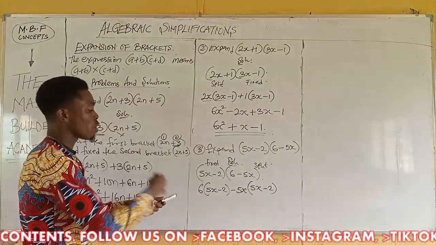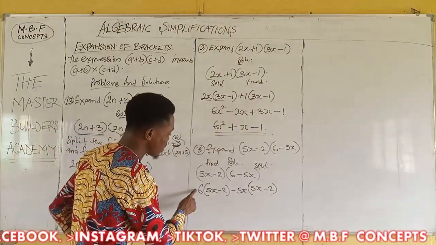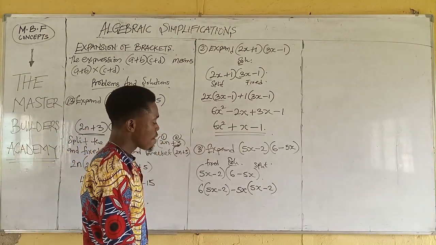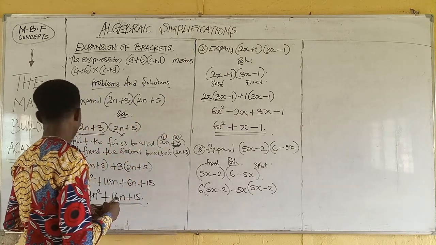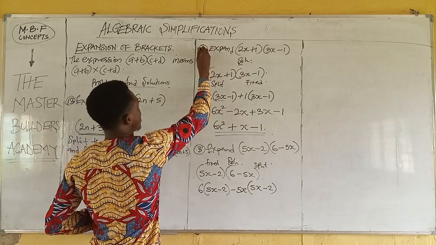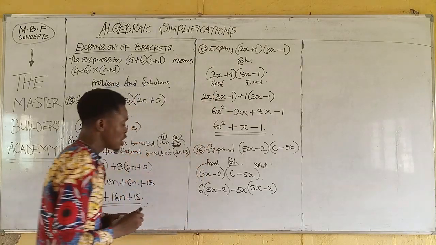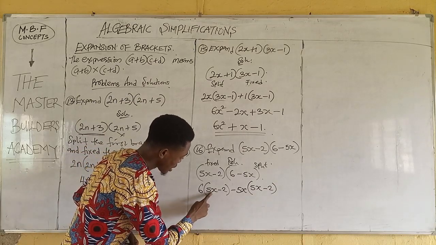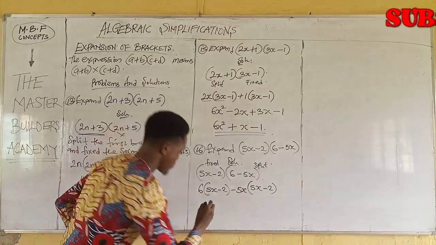Now the next thing we quickly do here is to remove the bracket. And how do we remove the bracket? We simply say 6 times what? 5x. And 6 times 5x would have given us 30x.